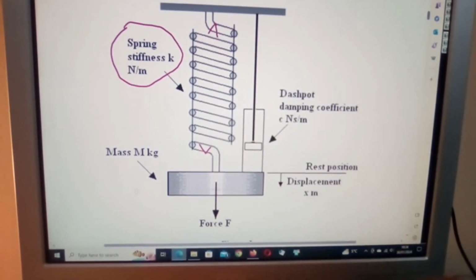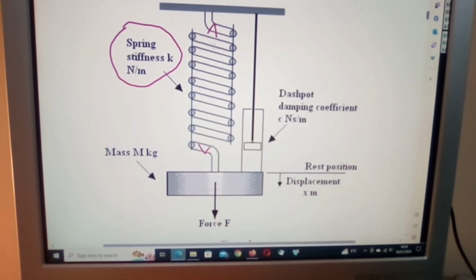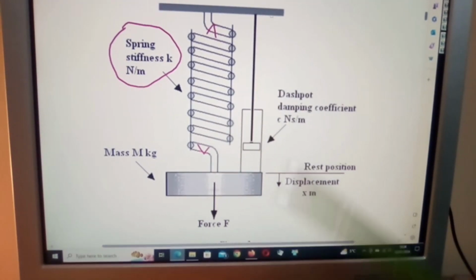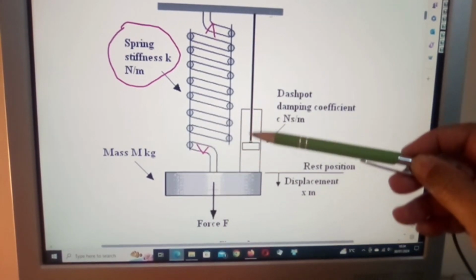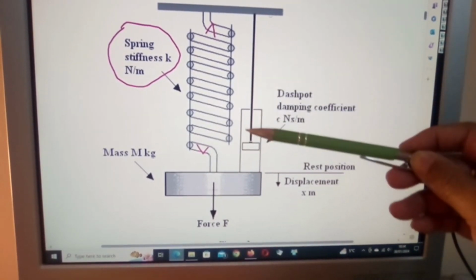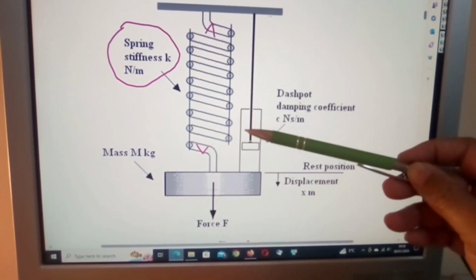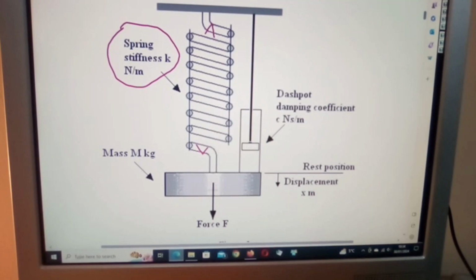This just shows the movement of your spring. Here is your dashpot, and here is what will cause this to slow down, thereby dissipating the energy of that movement.